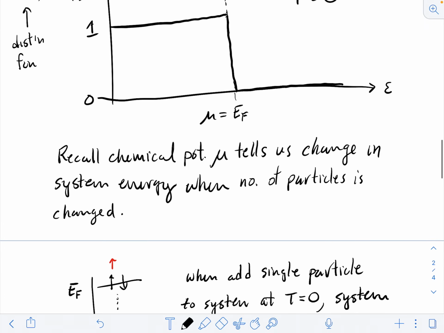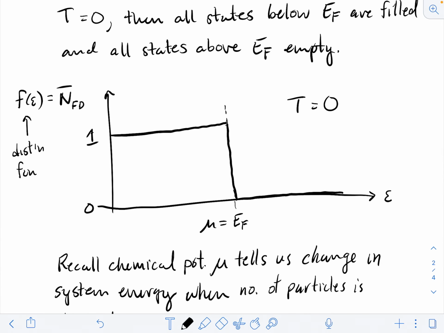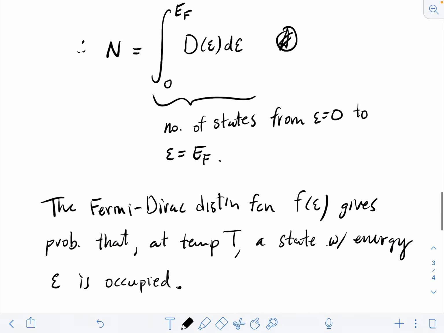So for example, going back to this picture, at t equals 0, the probability that a state with energy less than the Fermi energy is occupied is 1. And the probability that a state with energy above the Fermi energy is occupied is 0. And in fact, if we took an energy exactly equal to the Fermi energy, the probability that it's occupied is 1/2.